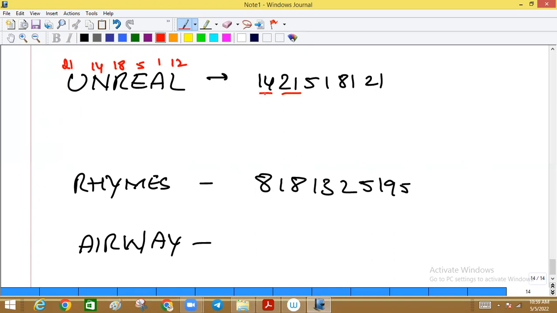Yes, 14 is there. The moment I see this, what exactly is it doing? Next one is E, which means 5. Then R is 18, then A 1, then L 12. So it's reversing. What it is doing is just changing these positions. So 14 here, 21 here. Again change the positions, 5 here, 18 here. Change the positions, 12 here and 1 here.